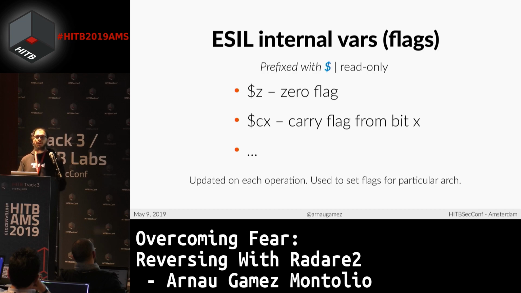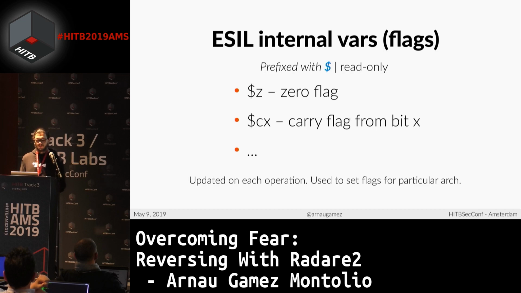But depending on the architecture we are emulating, not all architectures update all the flags in the same kind of operations. So, for example, what is really common is that these internal flags are updated at each operation in ESIL, but the operation being emulated in the architecture, by definition, doesn't do anything with the flag. So we don't do anything.